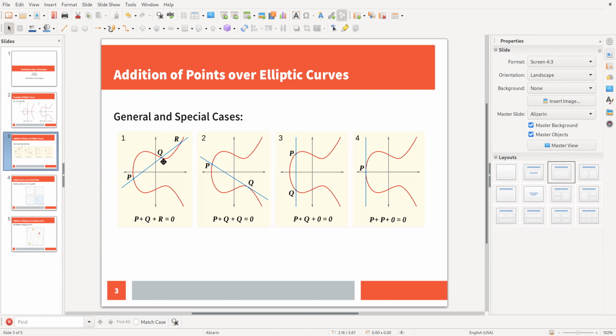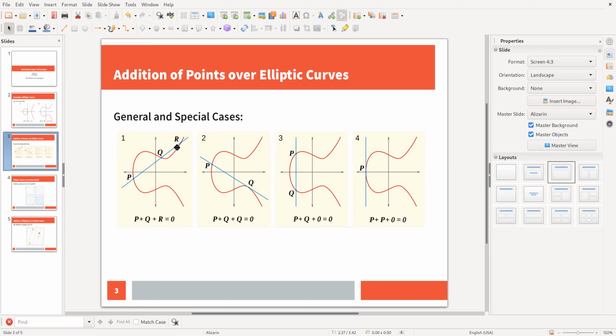So basically what we do, consider the first case, the generic one. We take P and Q, draw a straight line from P to Q, and this straight line, under any genericity conditions, would intersect the curve once again.